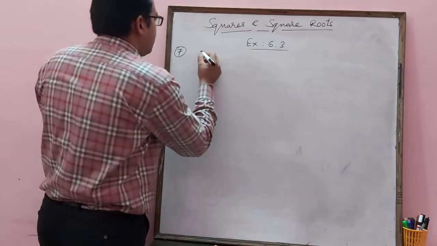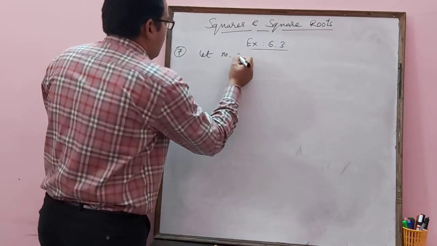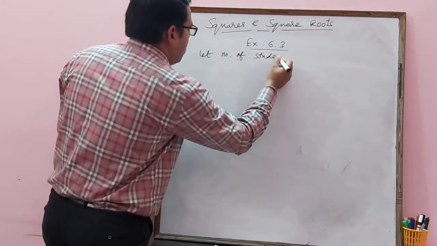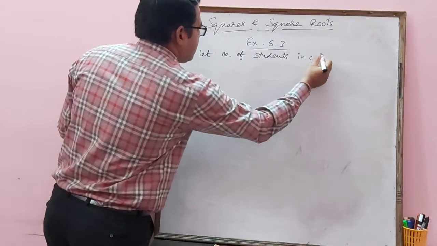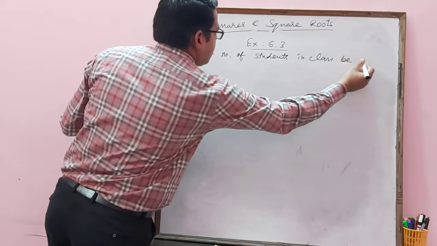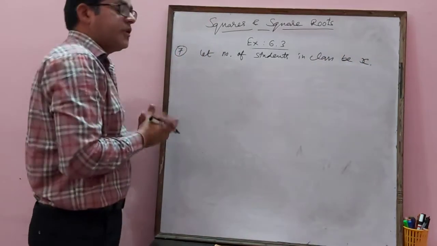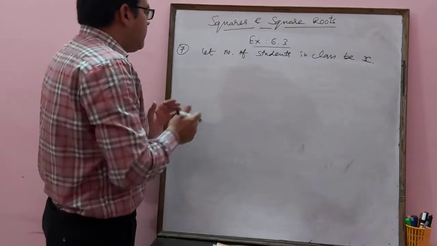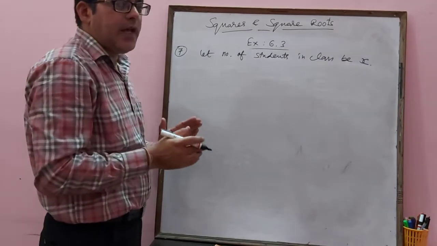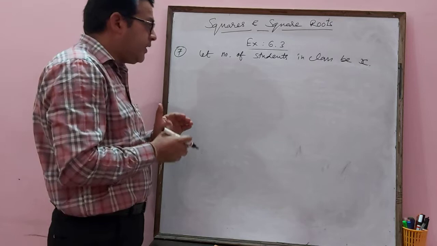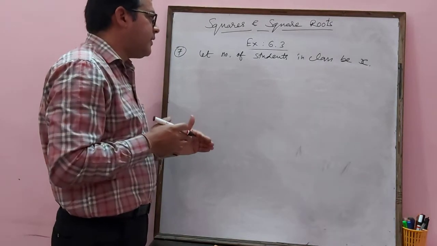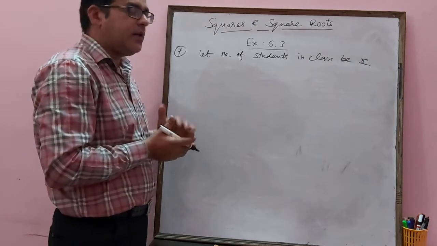So let the number of students in the class be x. Suppose there are x students in the class, right? And the question says that the money that they donated is as much as the students in the class.